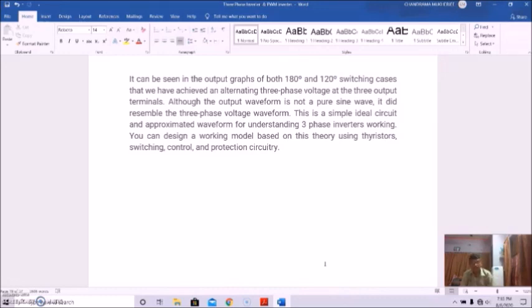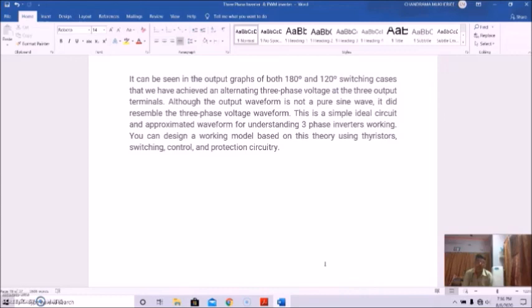If, after listening to this lecture, you go through your textbook and read it carefully, I hope you will understand the entire operation and the sequence of operations in both 180 degree conduction mode and 120 degree conduction mode as well. Besides that, if you have any problem, we can discuss.